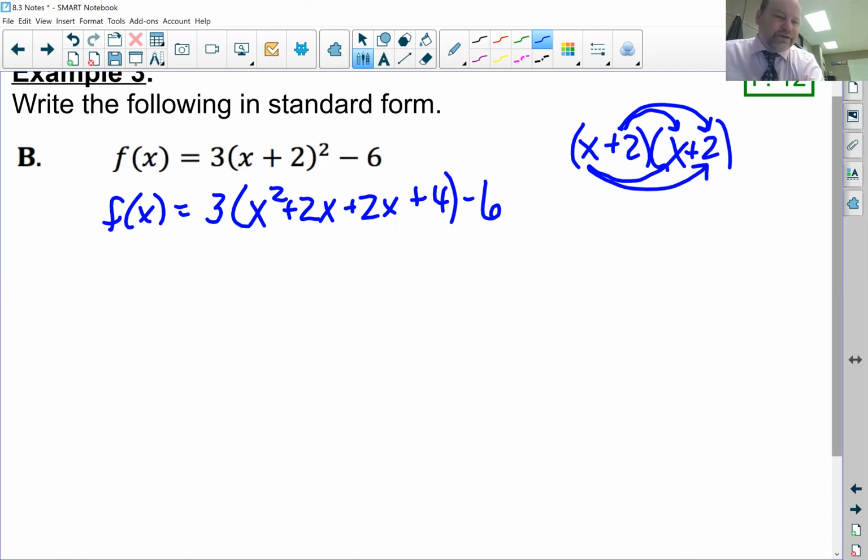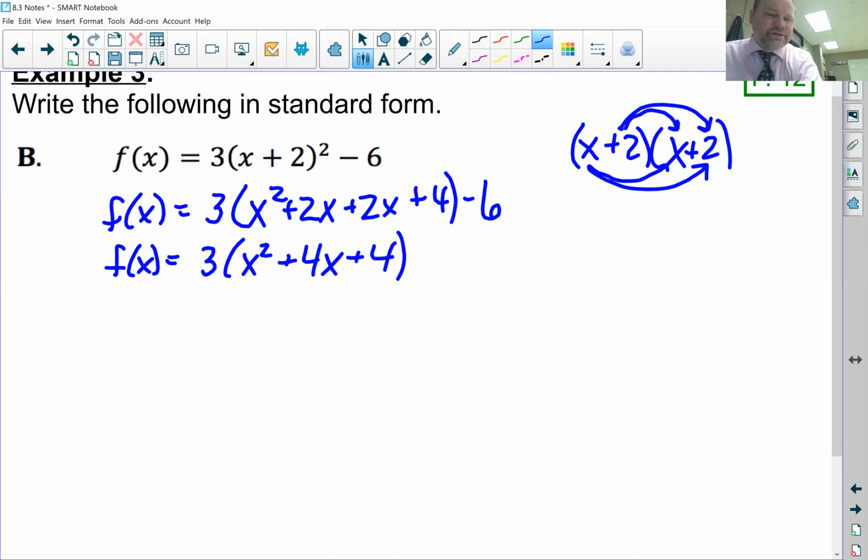The next thing I would do is, again, combine my like terms. I like combining like terms before I do anything else. So 2x and 2x is 4x. Now, because I have a value a in front, I need to distribute the 3.